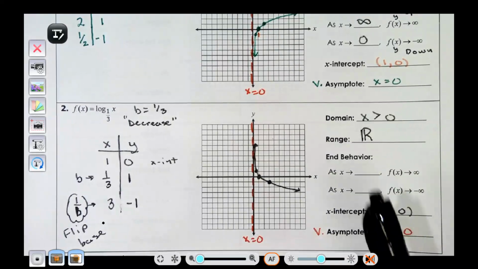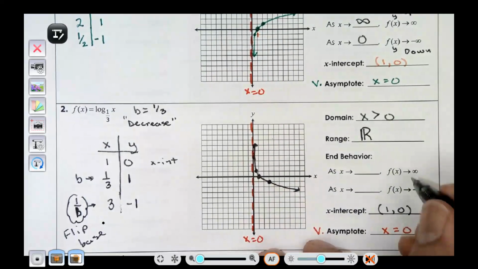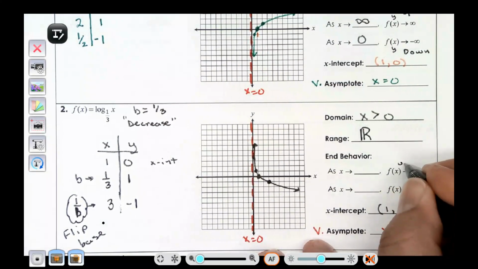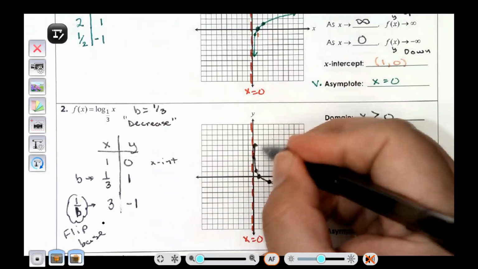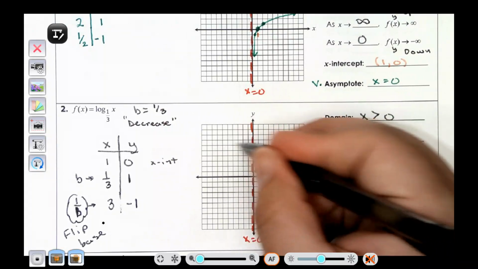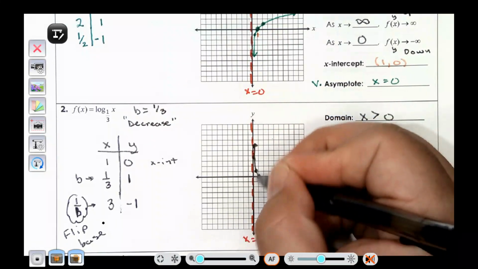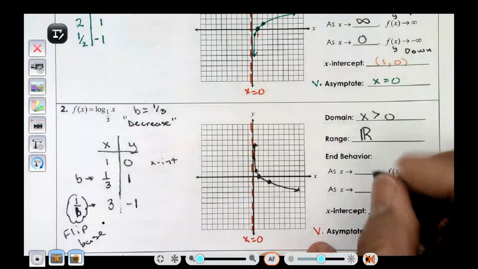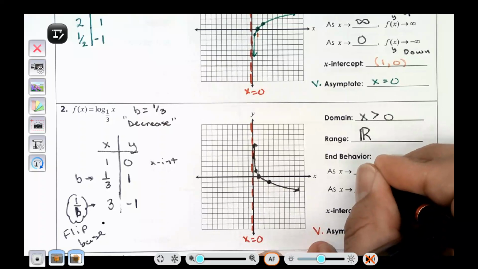And then behavior. Now remember, it's asking as your y's go to infinity. So they're asking as your y's go up. Well, as you go up, notice it doesn't go to the left forever. It keeps getting closer and closer to zero. So that's where this zero that we mentioned in the vertical asymptote is going to come up this time.